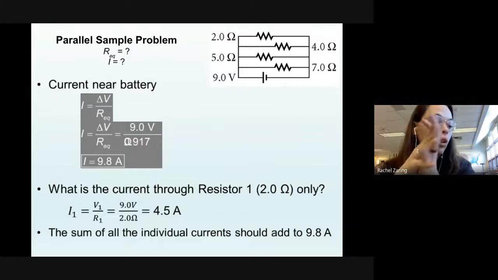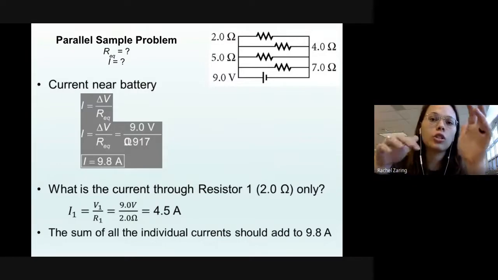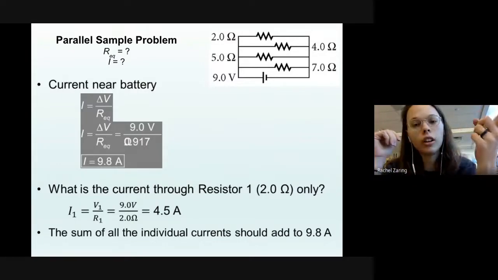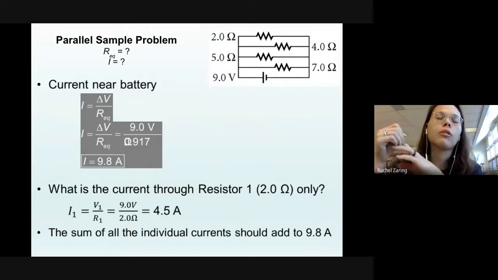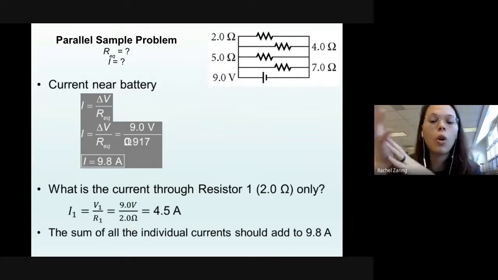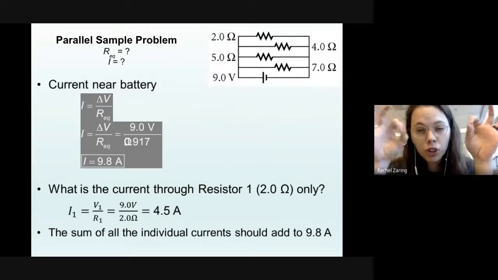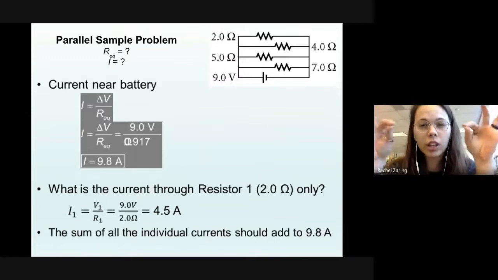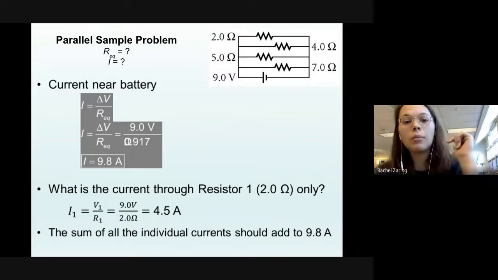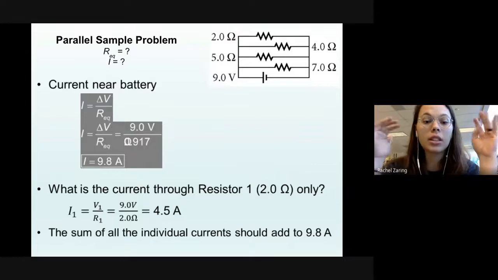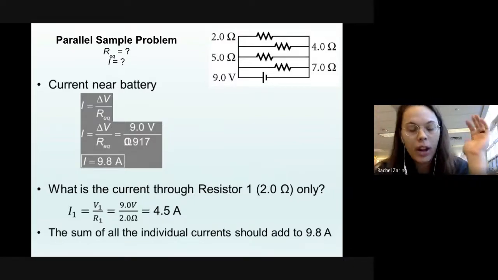Remember, one of your rules is that the total current is equal to the current through resistor 1 plus the current through resistor 2 plus 3 and so on. So the sum of each individual current will add up to the total current. For this problem, the sum of all the individual currents would add up to 9.8 amps.